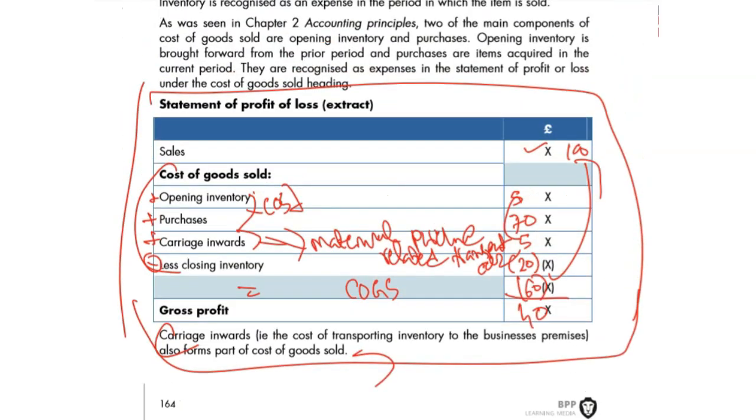Look at this picture. Your closing inventory can affect your cost of sales and thus profit. Remember, the higher the closing inventory, the higher the gross profit. Why? Because closing inventory brings your cost of sales down. So if your closing inventory is higher, your cost of sales will be lower and your profit higher.